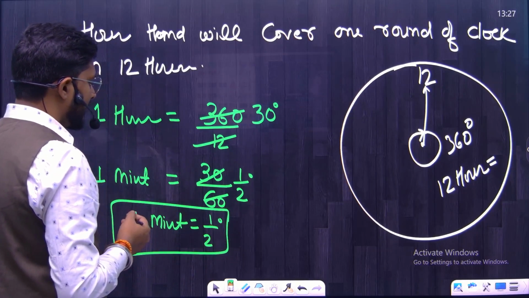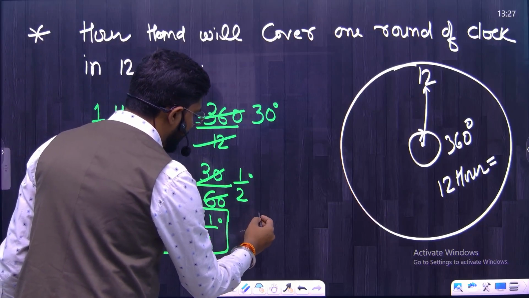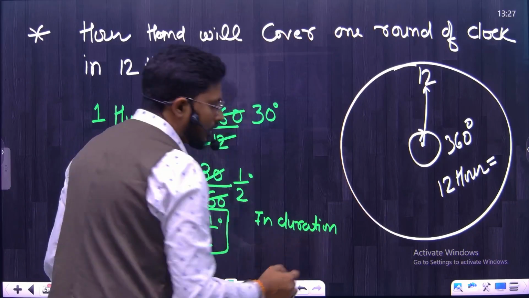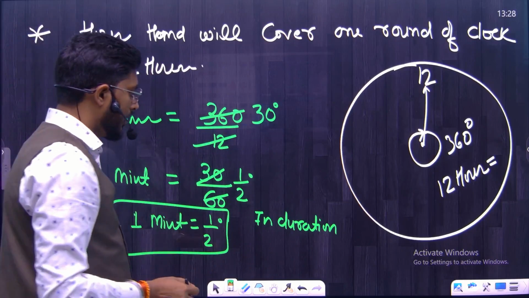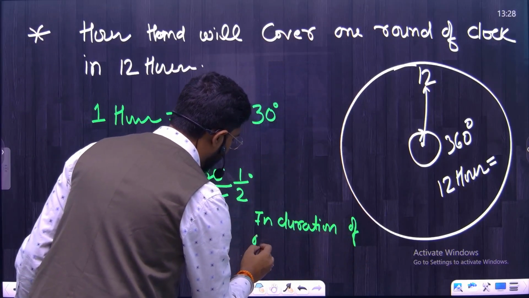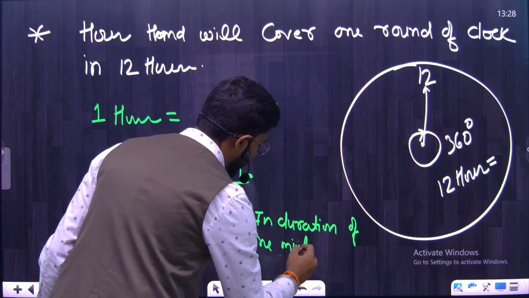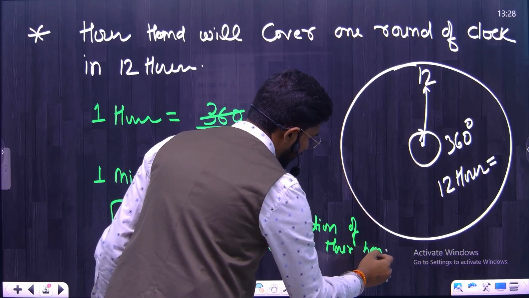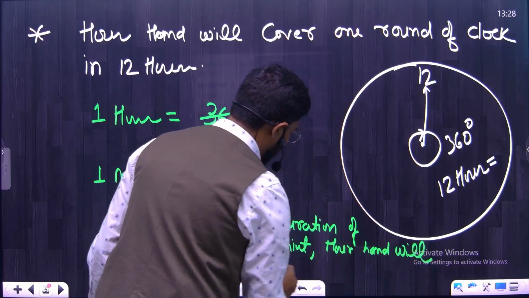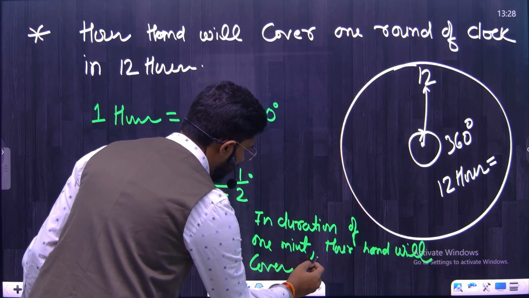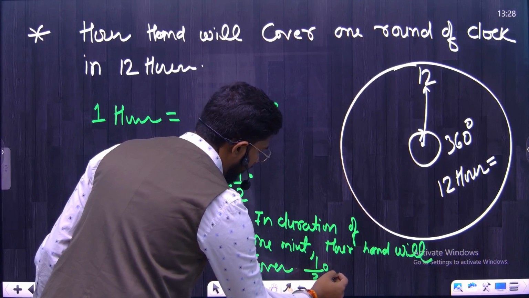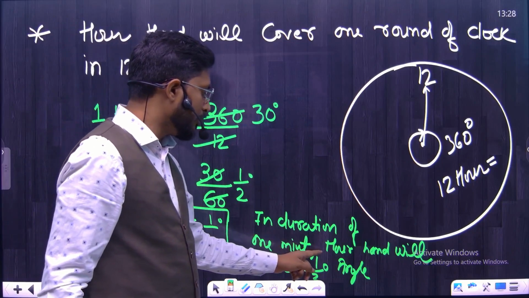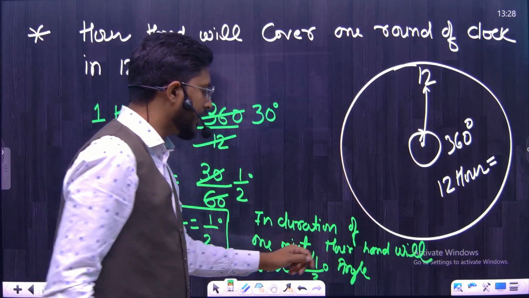Now we can say that in the duration of 1 minute, our hour hand will cover half a degree angle.